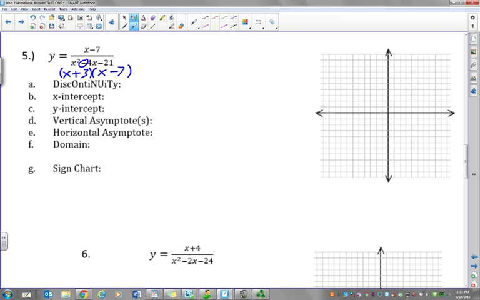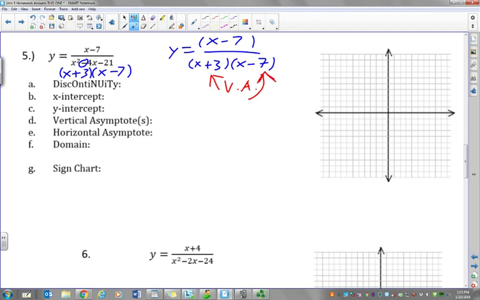So now we have y equals x minus 7 all over x plus 3 times x minus 7. Since the top and bottom could cancel, we would have a vertical asymptote at negative 3 and at positive 7.